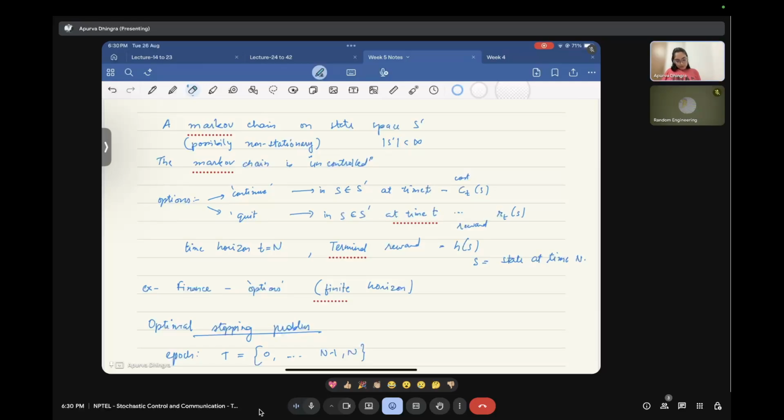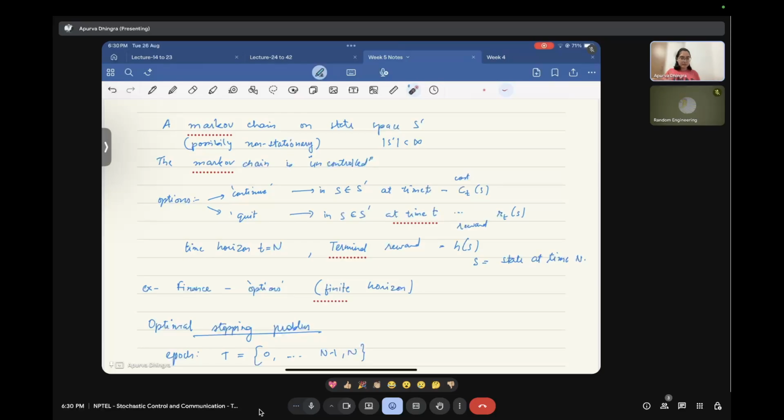Alright. Then the next thing that we worry about is that there is a time horizon, that this is a finite horizon problem, and there will be a terminal reward. Like if you just let the stock be, let's say it's intraday trading. If you do not sell it during the day and you do not decide when to sell it, it'll be just sold off at the end of the day at whatever value the stock price was. So that will give you some reward.